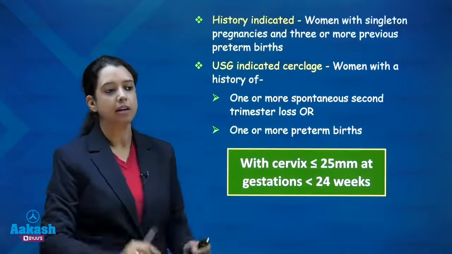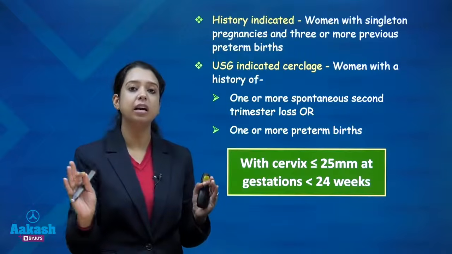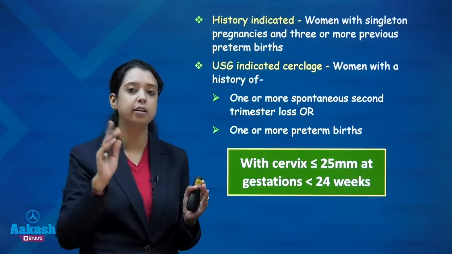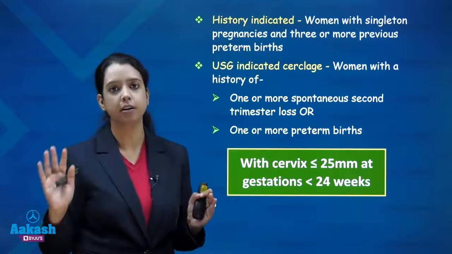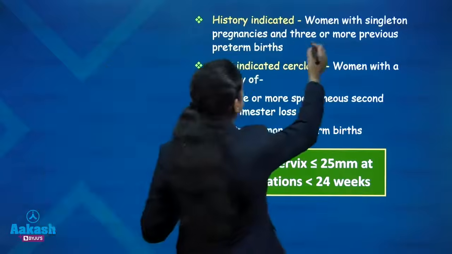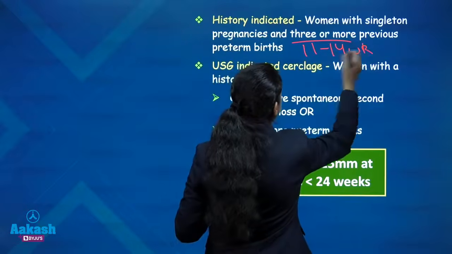History indicated means a patient comes to you and she gives you history that I had previous 3 preterm births. So if she had 3 or more than 3 preterm births, you will straight away give her cerclage. Okay, when? At 11 to 14 weeks. Why at 11 to 14 weeks? Why not before that?